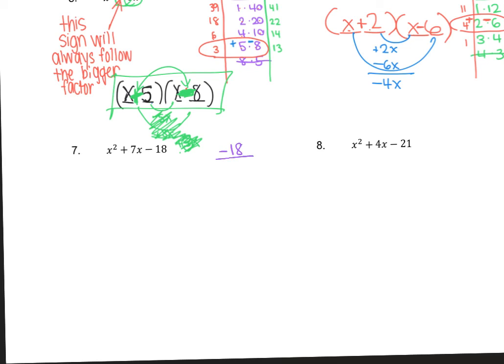All right, negative 18. Factors: 1 and 18, 2 and 9, 3 and 6, 4 doesn't work, 5 doesn't work, 6 and 3, and I'm crossing that one out. Adding up the side, 19, 11, 9, don't see what we need, so we subtract: 17, 7, 3. 7 is what we need, so there it is.